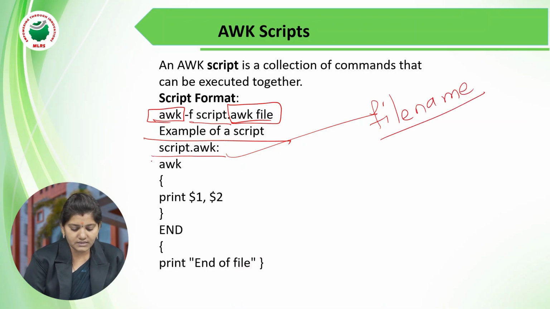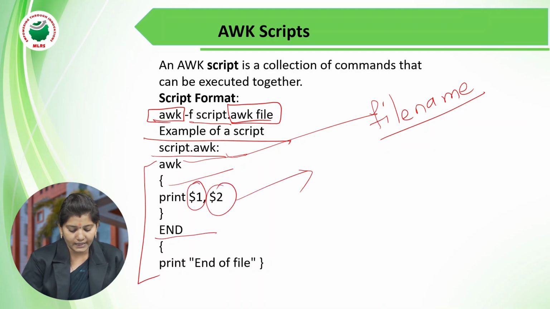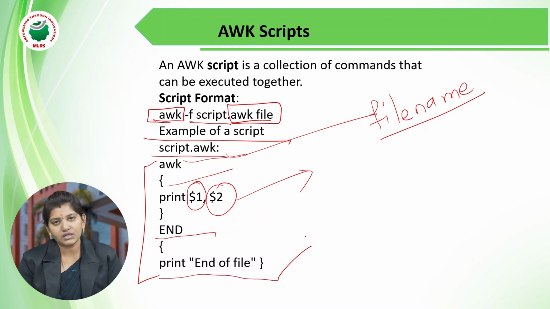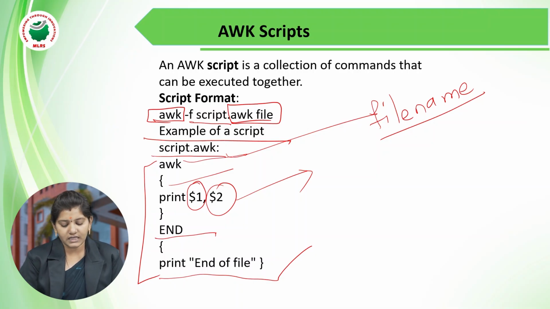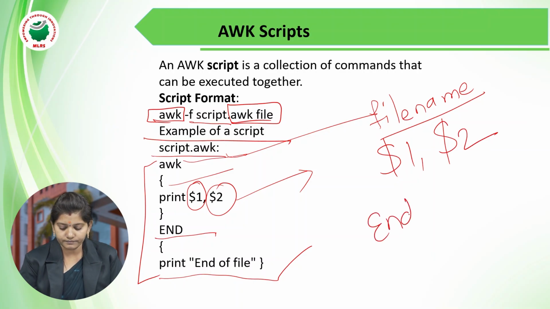From here the program will start: awk, open bracket, print $1 $2, and finally END, print end of the file. Whatever we instruct will be printed, and after that it will print the end of the file. So print $1 $2, and then end of the file.